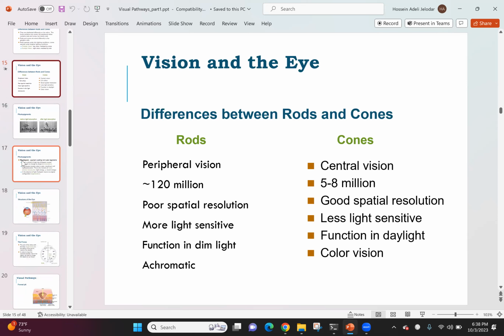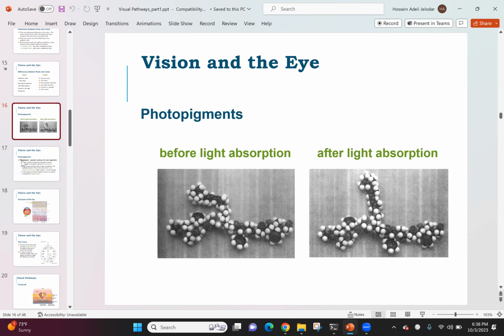Okay? So let's think about, what is the process of transduction in the eye? What kind of energy is becoming what? So what is happening in the eye in terms of energy? Come on, guys.